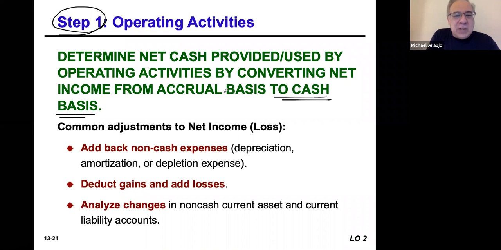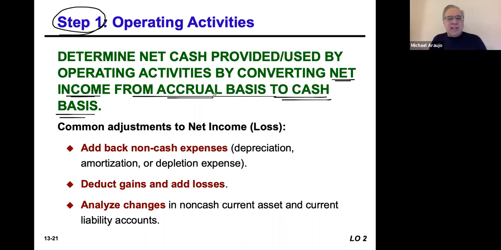Whereas everything we've done has been the accrual basis. So when you calculated net income on your income statement, everything we used to get all the revenue and expenses were accrual basis accounting. Well, now we have to determine what the real cash involved was.